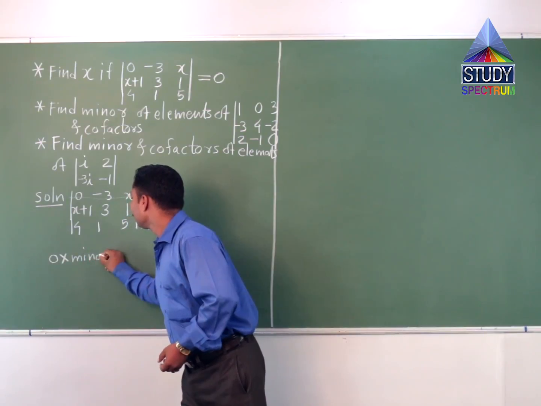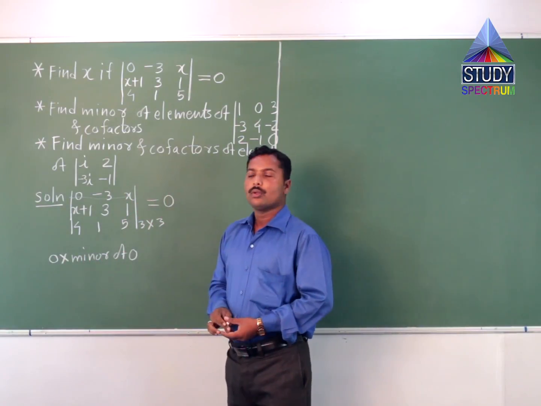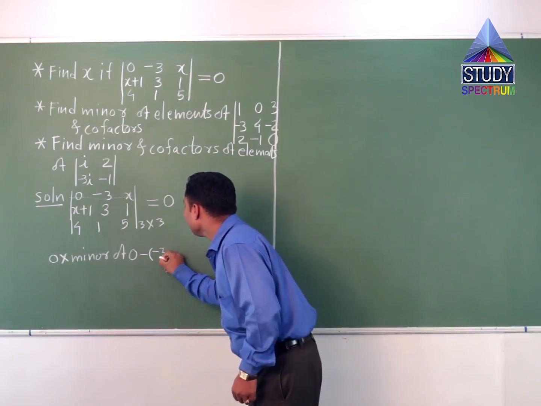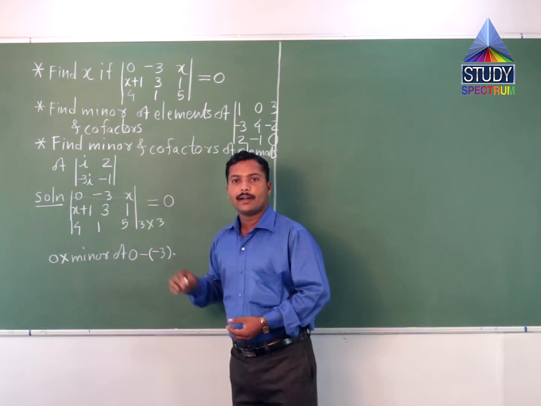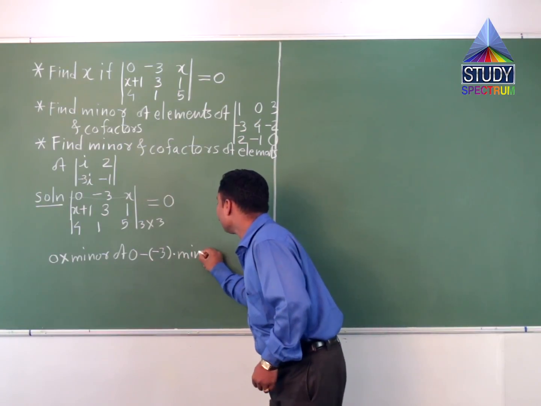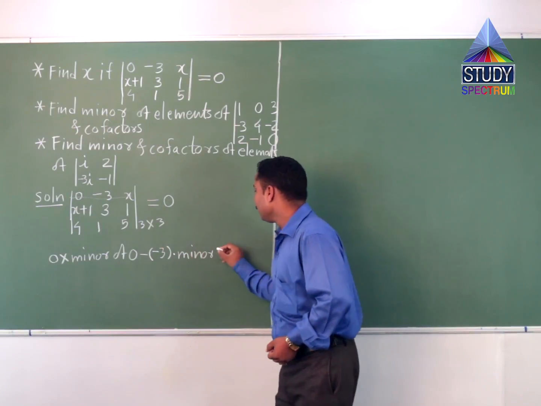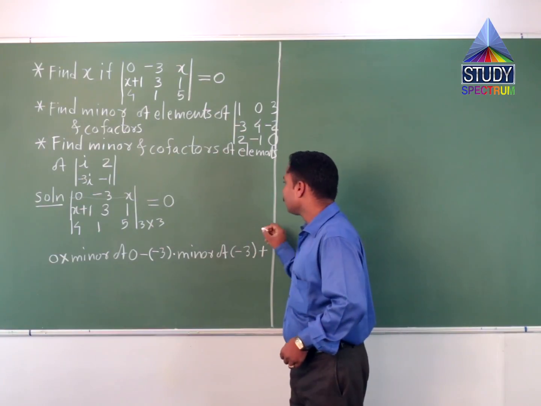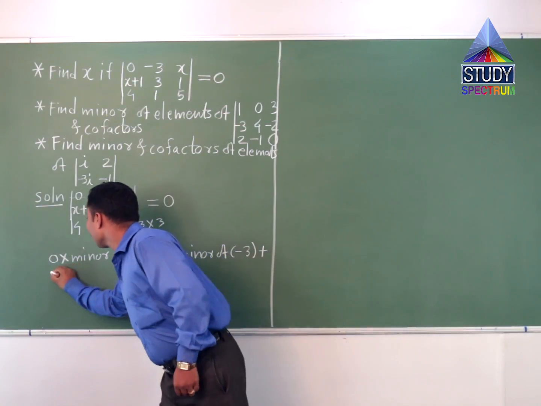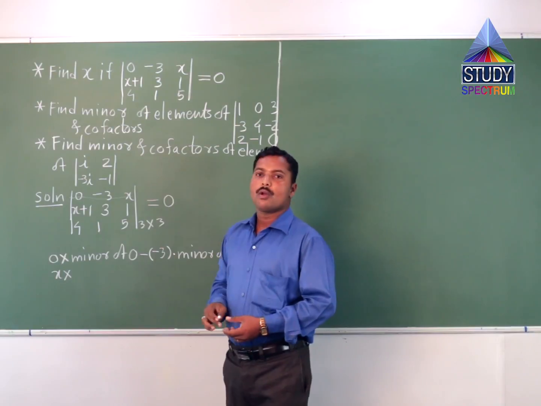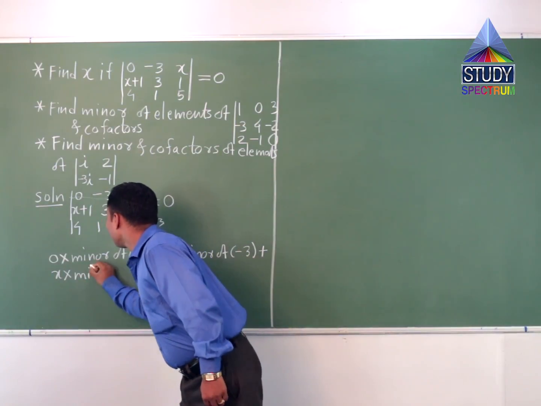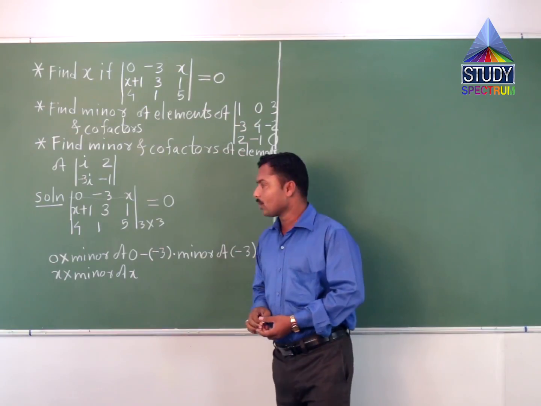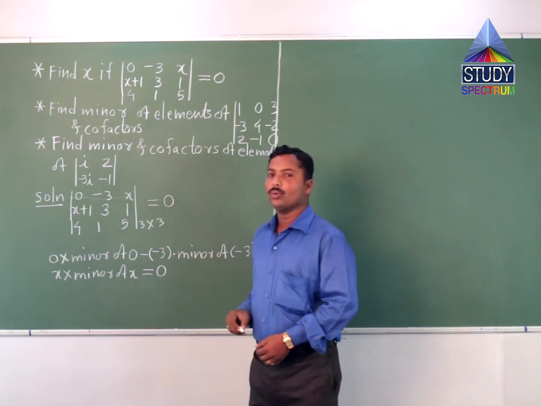Again minus the second number, minus 3 into the minor of this second number, plus the third number as it is, x into the minor of this x, equal to 0, as already given.